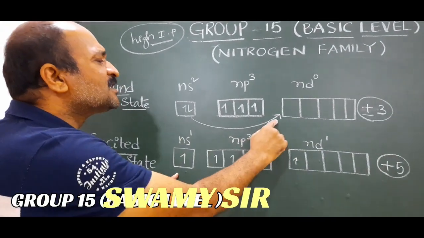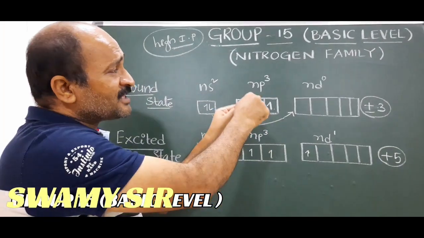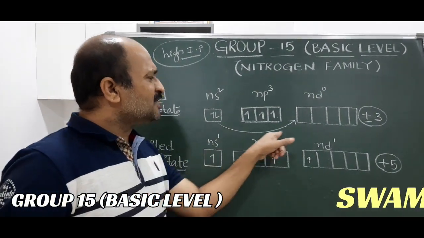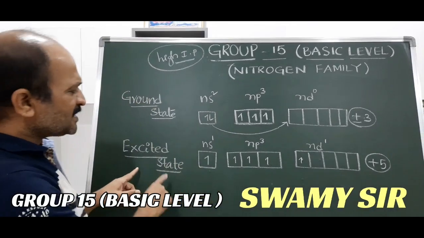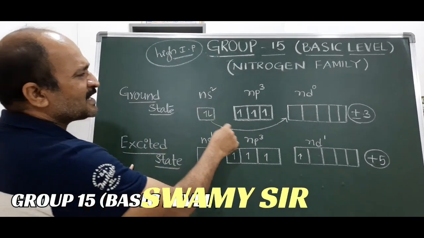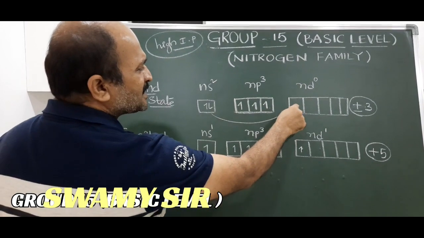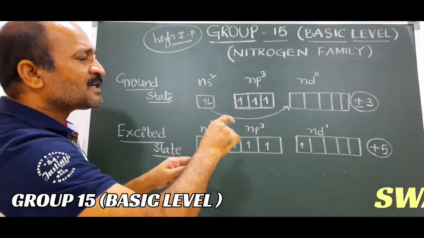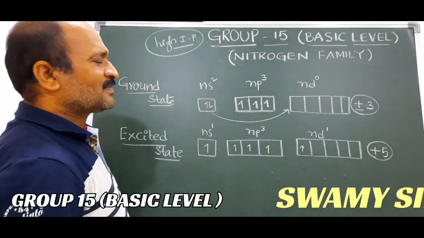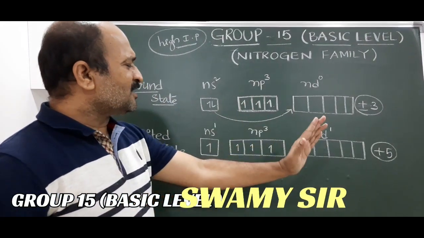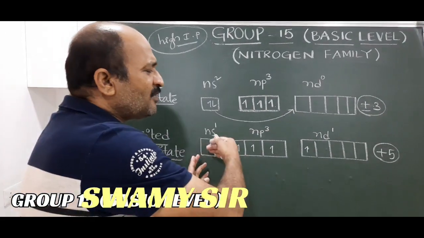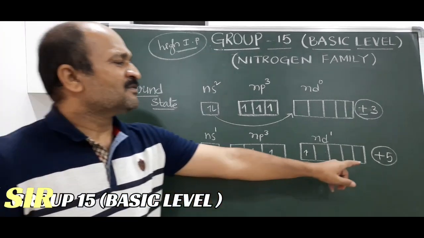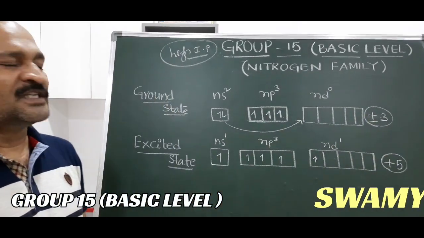Generally, this excitation happens whenever it combines with a more electronegative atom. The shift of the ns electron to the nd sublevel is possible when the given 15th group element reacts with a more electronegative atom. If it reacts with a more electronegative atom, it always loses its electron density to the surrounding atoms. That's why it always exhibits the +5 oxidation state.